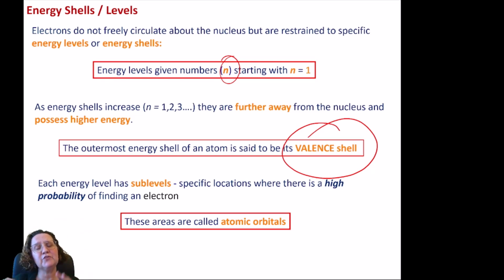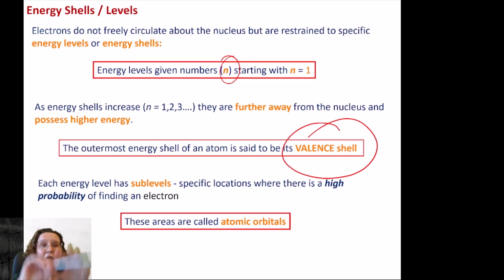And it specifies the location where there is a high probability of finding a particular electron. We call those atomic orbitals, and those of you that have done chemistry before will have heard about s, p, d, f orbitals. They don't tell you where the electron is, it tells you there's an equal and high probability of finding the electron in that particular area.